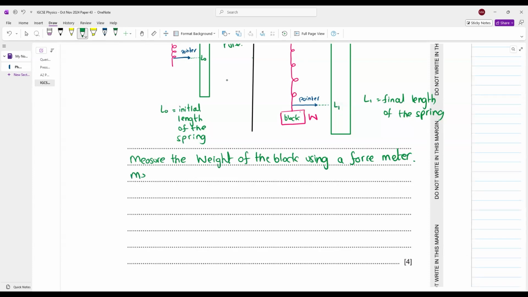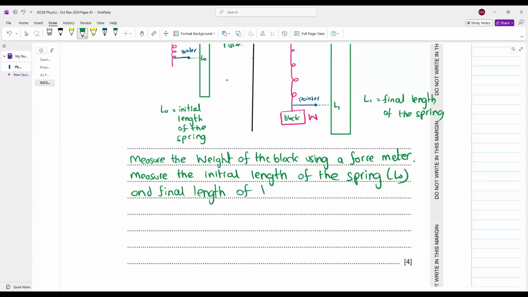Then you will say measure the initial length of the spring, L naught, and final length of the spring, L1, using a meter rule.